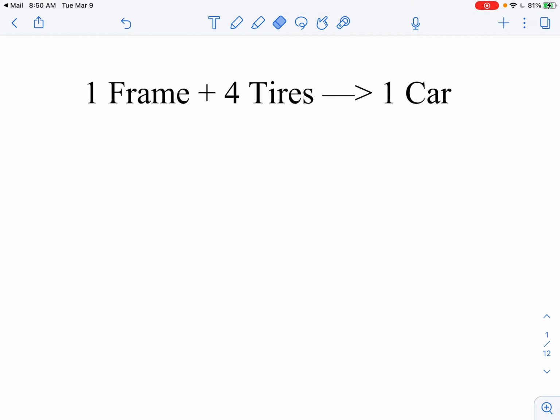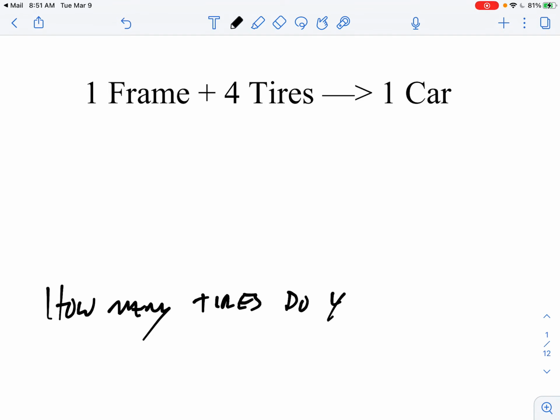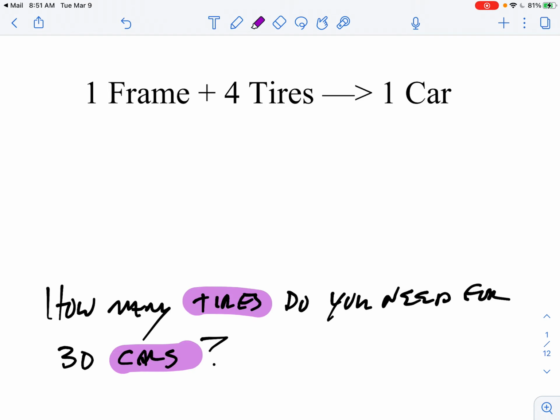So for example, if I were to ask, how many tires do you need for 30 cars, then the two things that you care about are tires and cars. So that's here and here.